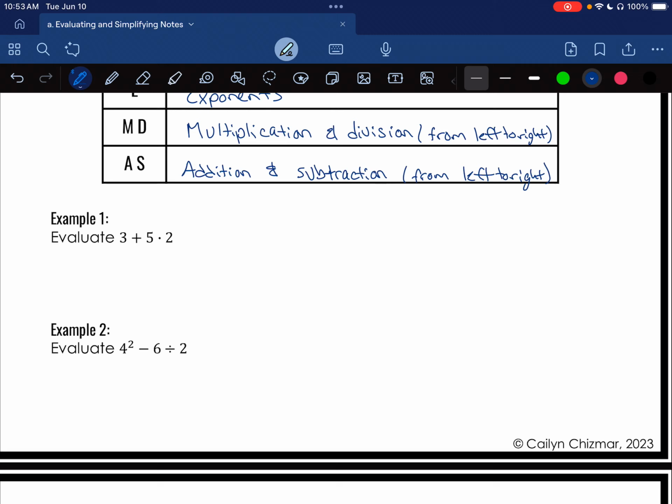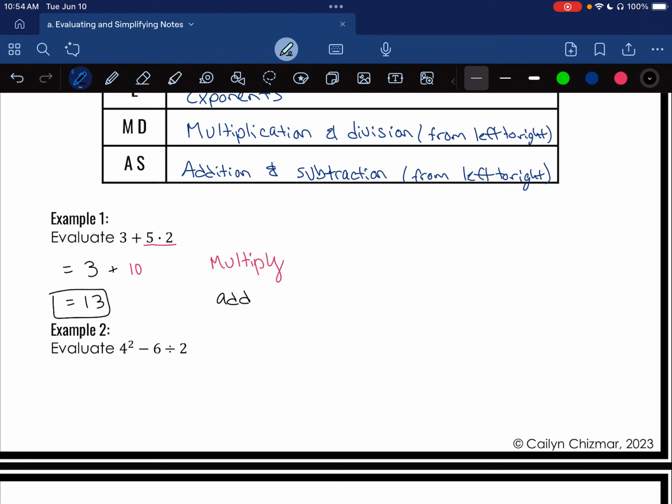Then I notice that there's this multiplication happening, so we're going to multiply. And so we'll get 3 plus 10. Now we have addition going on here, so we will add those two together to get 13.